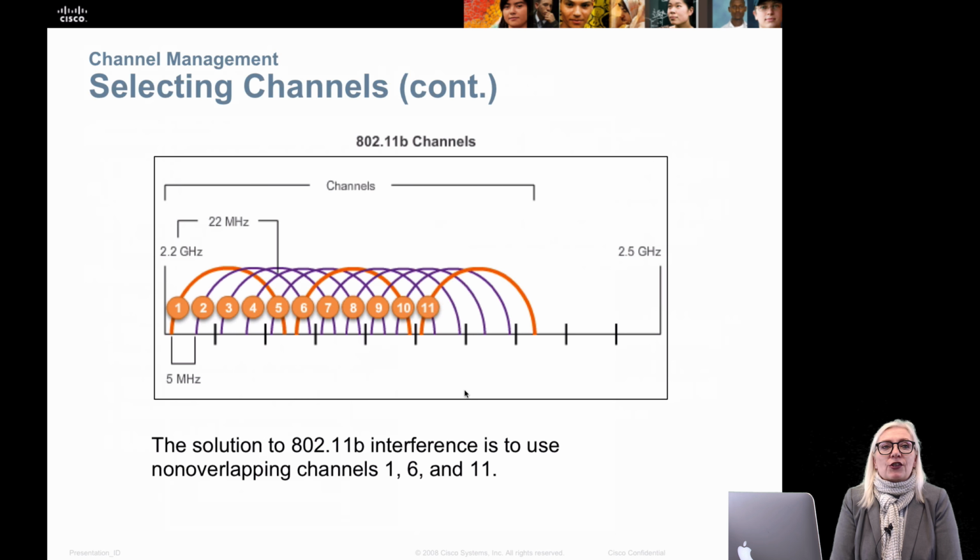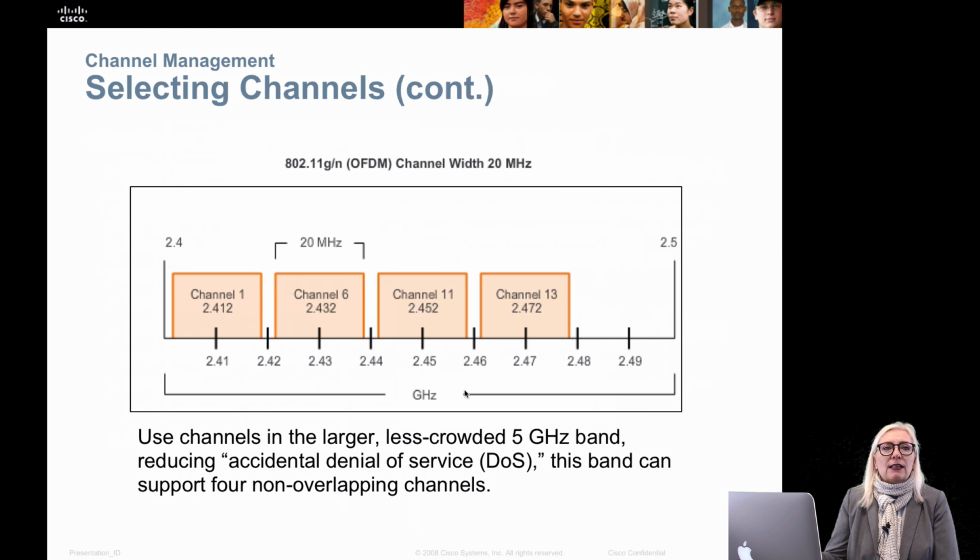We need to have channels that do not overlap each other, and that is channel 1, 6, and 11. In the US, we have 11 channels for the 802.11b, whereas in Europe we actually have 13. But we need to be aware of which channels we are using. This is only for 802.11b. This is not so important in the other standards.